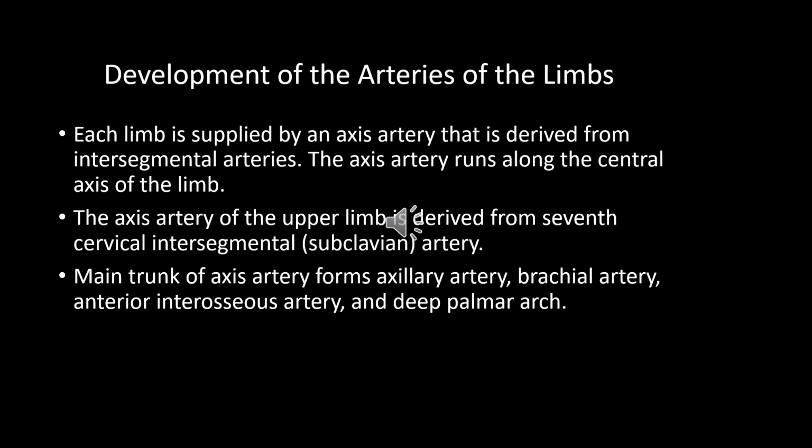So the axis artery of the upper limb is the subclavian artery, which is nothing but the seventh cervical intersegmental artery.